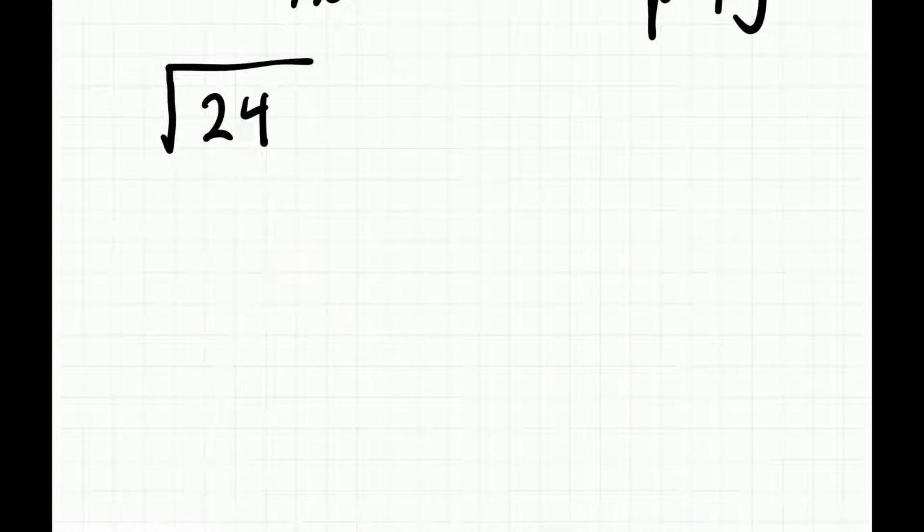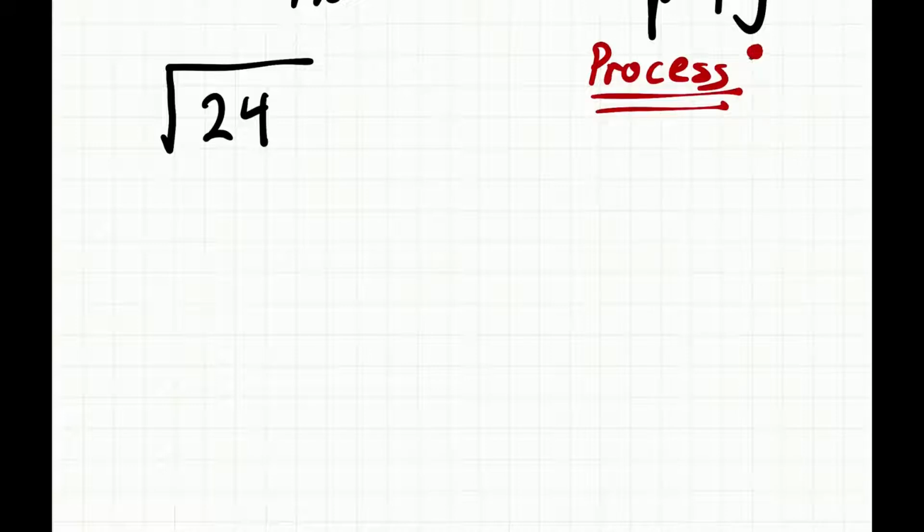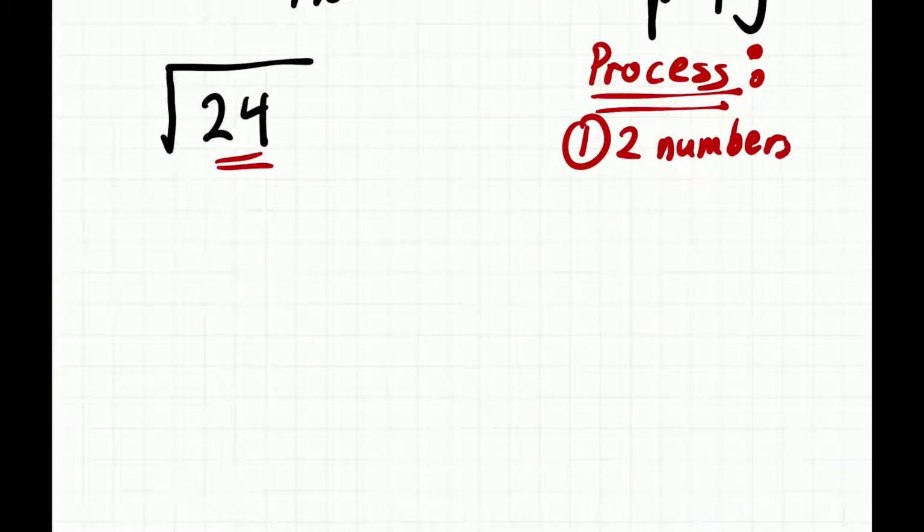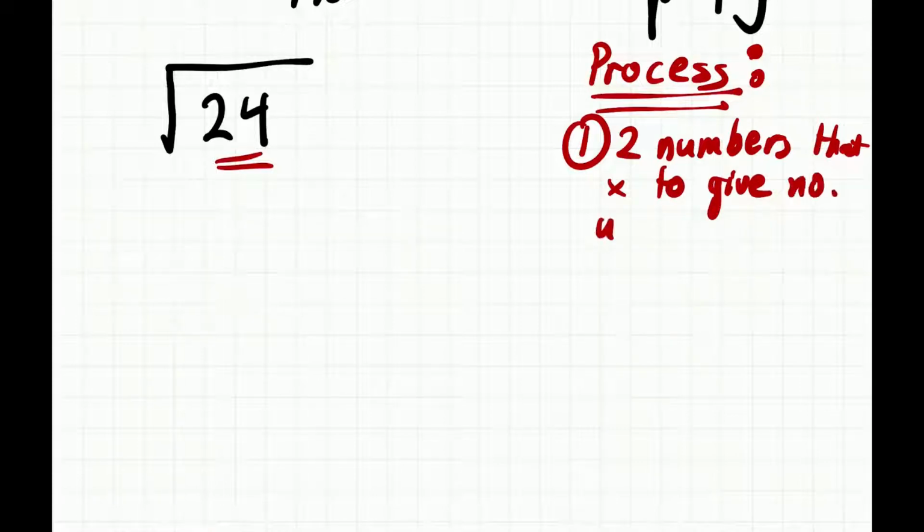In terms of a general process to simplify surds, we first start by having a look at the term under the surd. With that, we need to find two numbers that multiply to give the number under the surd.